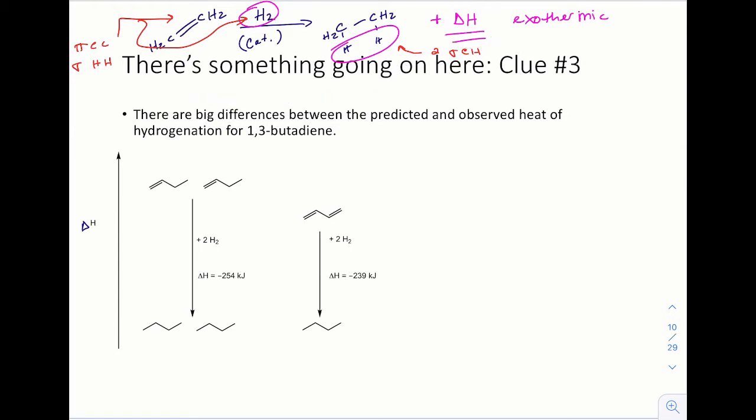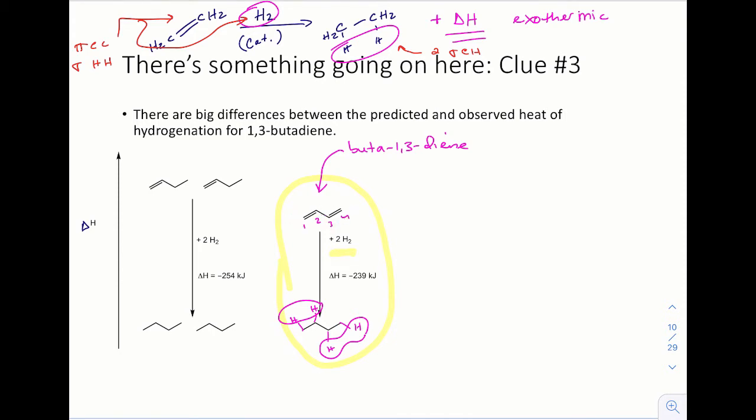So let's look at some molecules that are more complicated than ethylene. Here's our model for today of a molecule with adjacent pi bonds. This is buta-1,3-diene.